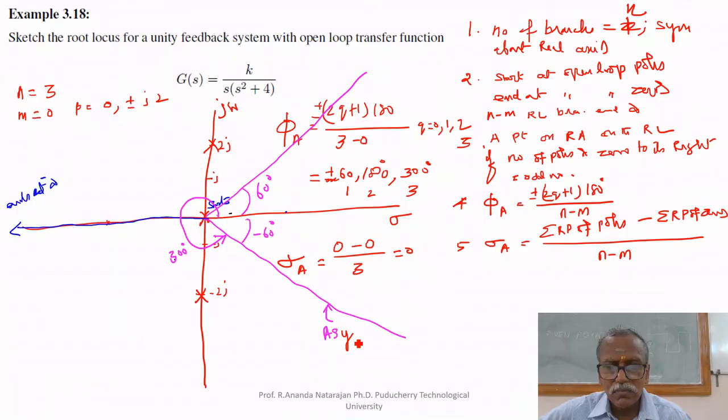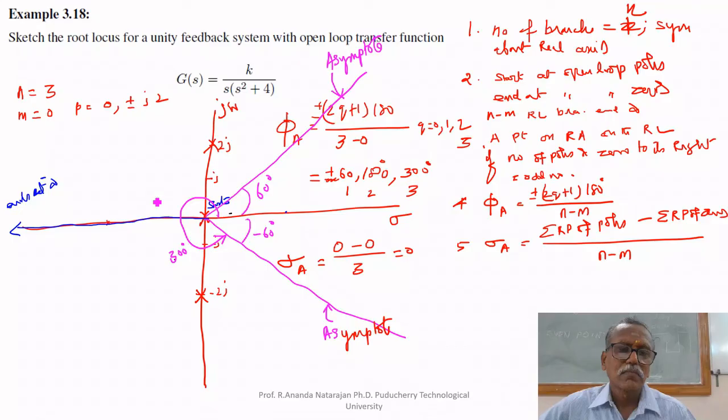This is also an asymptote. This is another asymptote at 180 degrees. That asymptote is above the root locus, that's why no need to draw. This is one of the root locus.